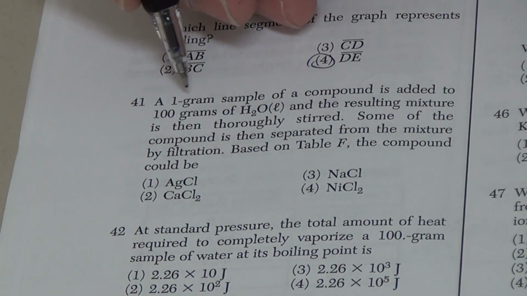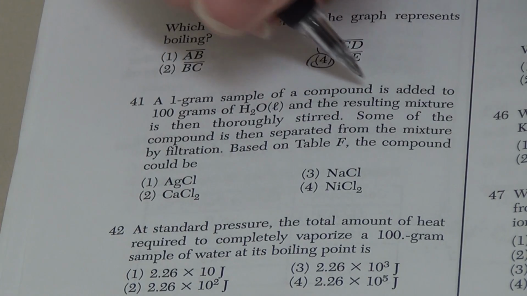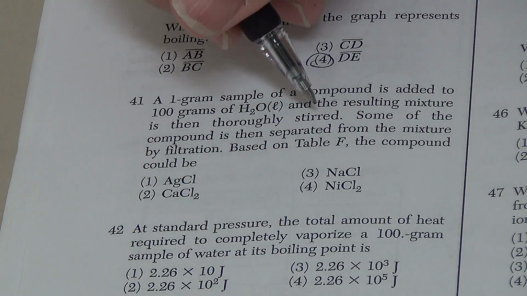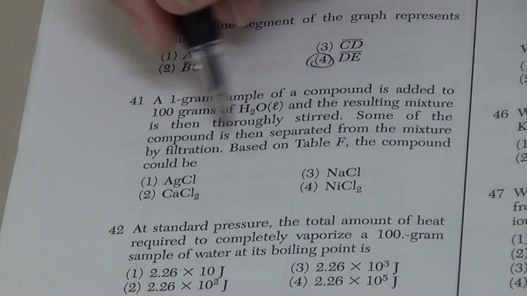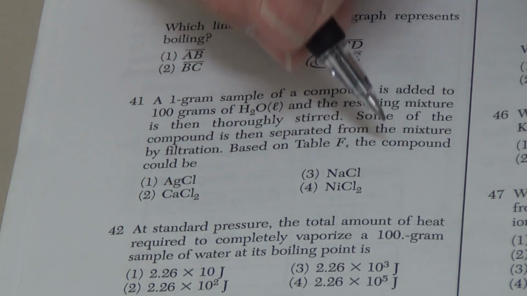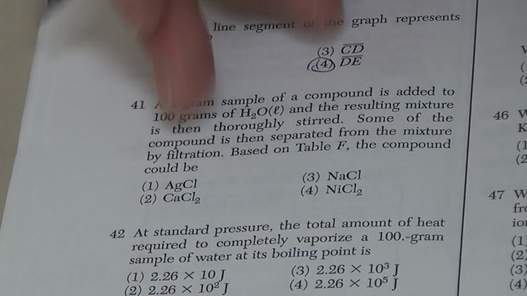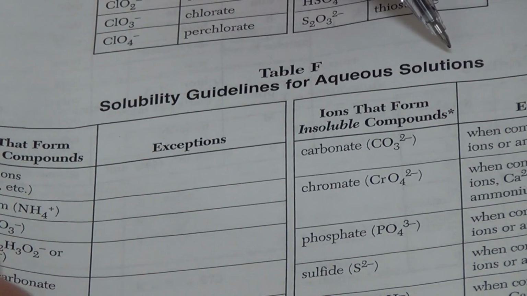41. A 1 gram sample of a compound is added to 100 grams of water and the resulting mixture is then thoroughly stirred. Some of the compound is then separated from the mixture by filtration. Based on Table F, the compound could be. Well, Table F has your solubility guidelines.